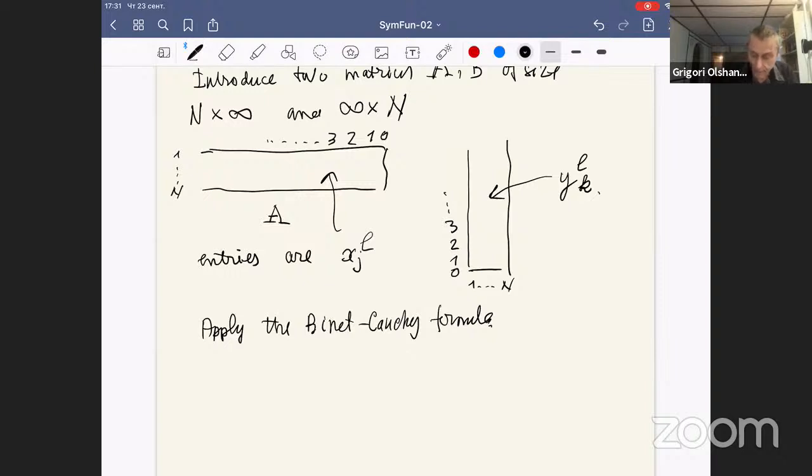So we apply the Binet-Cauchy formula, which says that the sum of minors equals the determinant of a product. Okay.